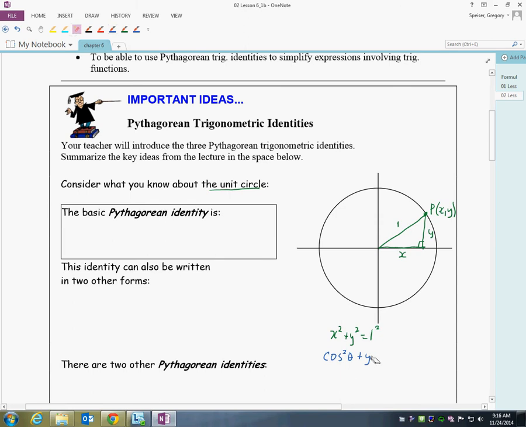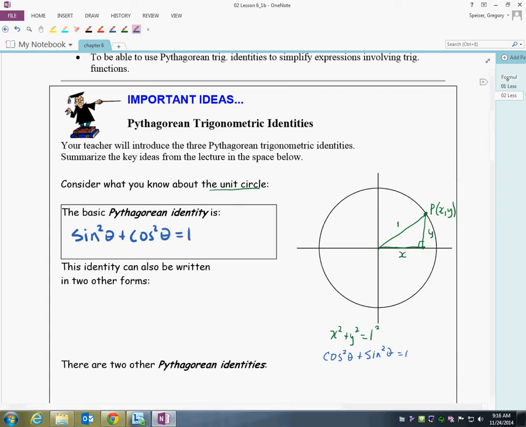But the sine squared of theta is going to be equal to 1. So that is our first Pythagorean identity, and for some reason we usually put sine first, so I'll write it that way. Sine squared theta plus cos squared theta is equal to 1.